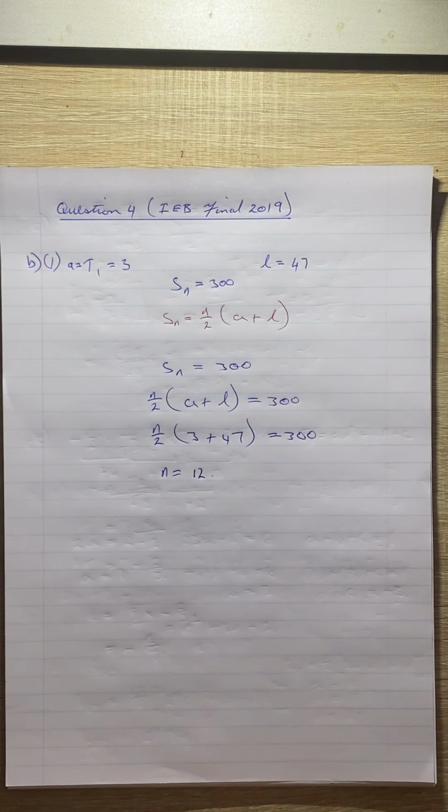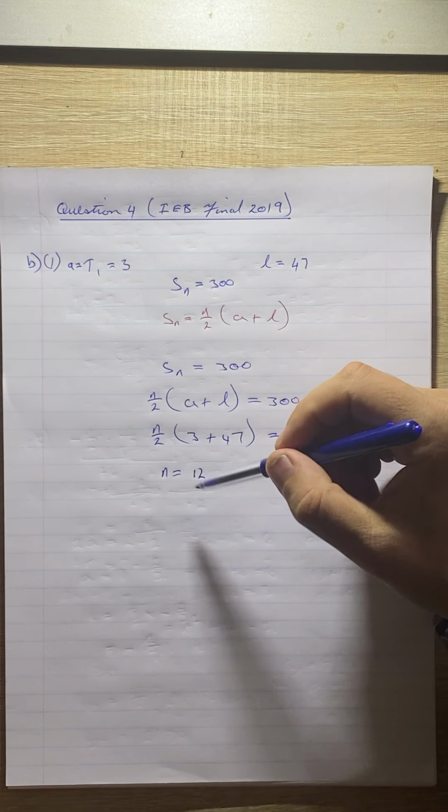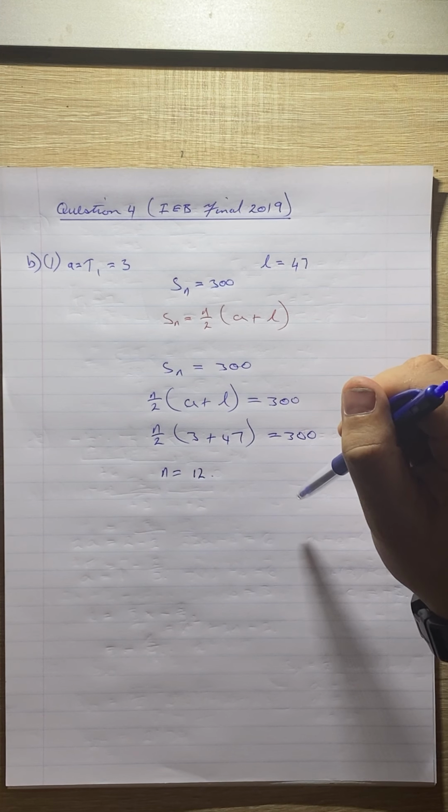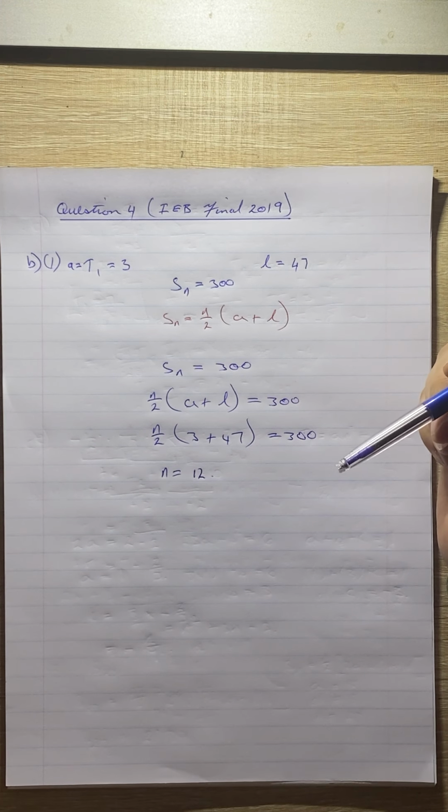Now it's asking us to determine the common difference for this series. If I have a look here, I know how many terms I have, I know I've got the first term, and we just don't know what d is.